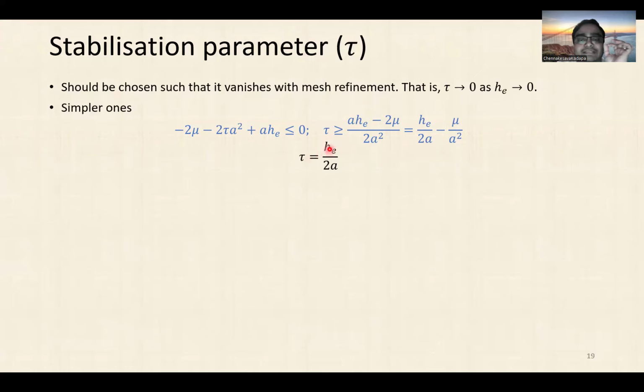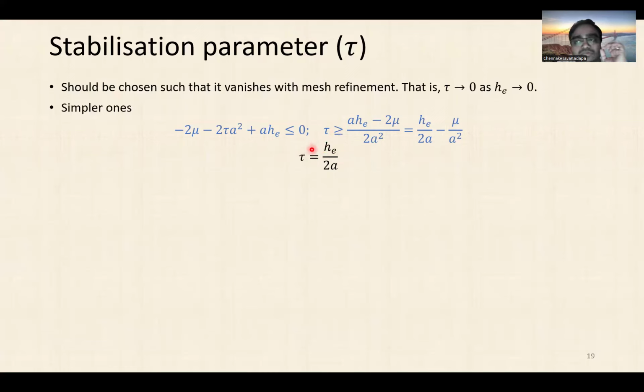So by taking tau equal to h_e by 2a, we satisfy this condition, and we always have an off-diagonal entry that is either 0 or negative. Okay, so this is the condition that we derive by following the entries in the element stiffness matrix.